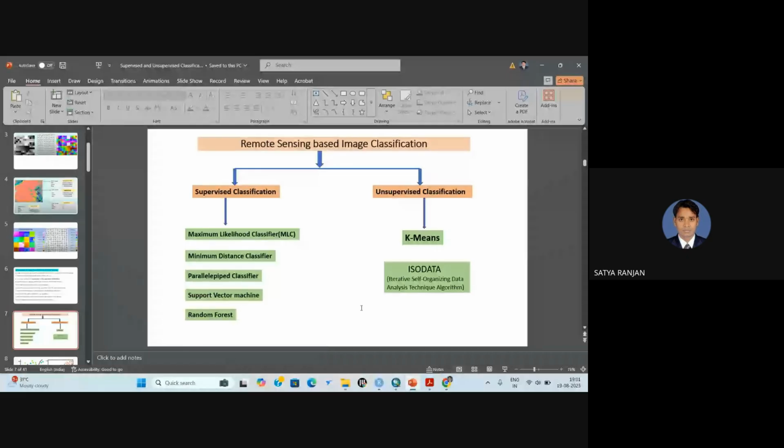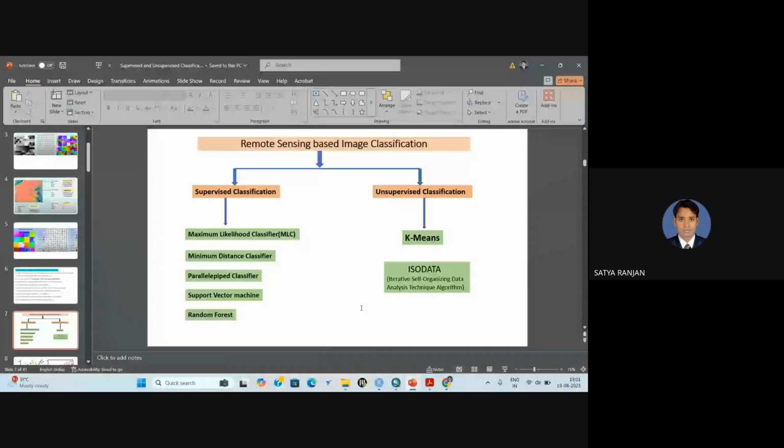Then the water bodies look like dark features, so we give a sample of 4 or 5 water body pixels. Likewise, for all these features, we collect 4 or 5 samples and give them to the machine.